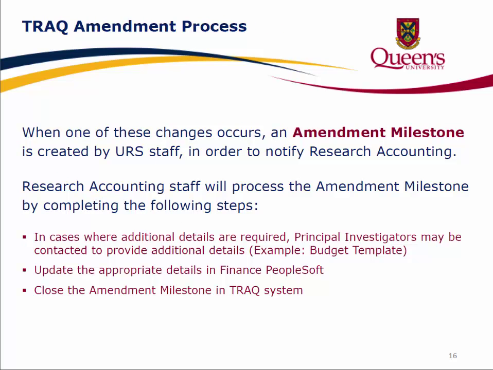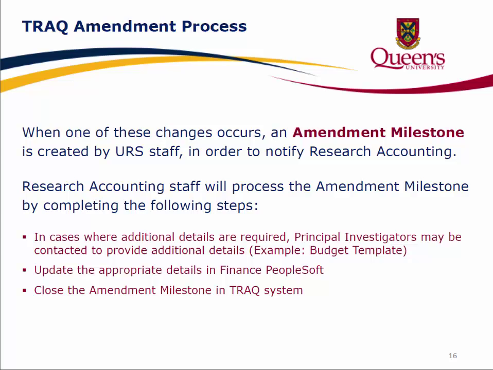If an amendment is required, URS will notify Research Accounting by creating an amendment milestone in the track system. Research Accounting will then proceed with processing the amendment. Principal investigators may be contacted in cases where additional details are required.